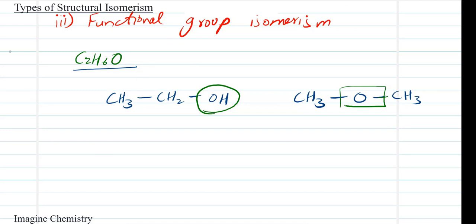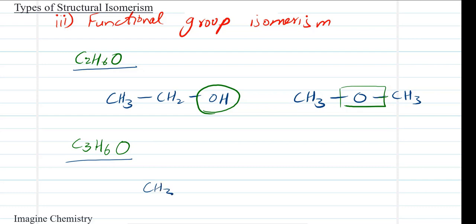So let's consider another example. Let's say I say a molecular formula C3H6O, and I ask you to write the structural formulas that can be posed from this molecular formula.